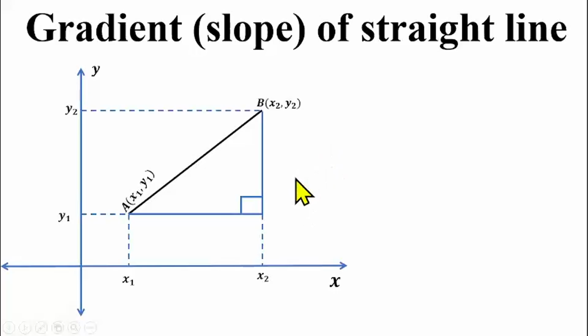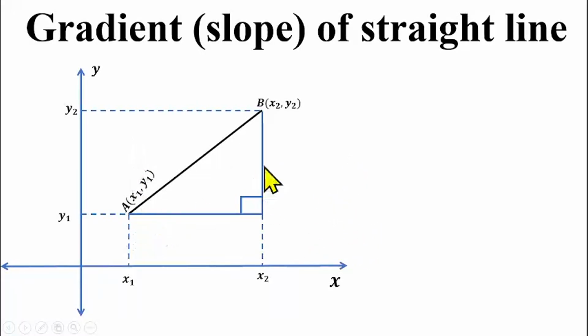So gradient is talking about the ratio. Don't forget that we are looking for the gradient of a straight line. The gradient of this straight line is the ratio of the change in y-axis to the change in x-axis. That is the meaning of gradient. We know that ratio means division.